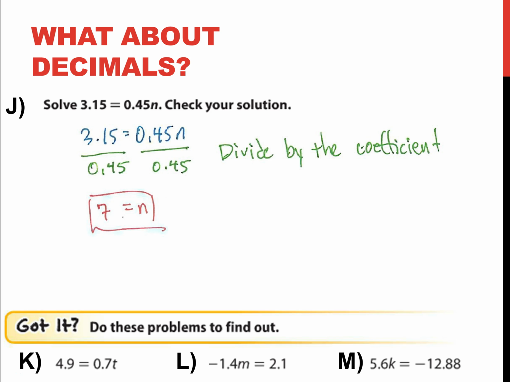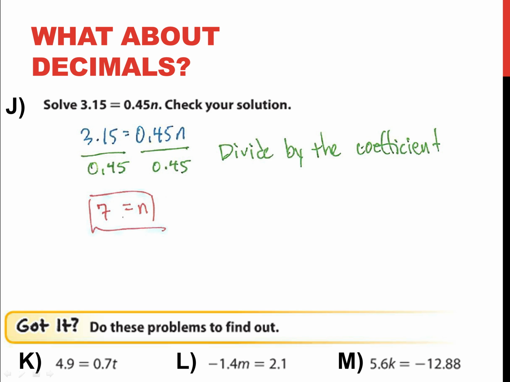That leaves us with 3 examples for you to do, K, L, and M. K is 4 and 9/10, or 4.9, is equal to 7/10, or 0.7 times T. So 4.9 equals 0.7 times T. Example L is -1.4 times M, which is equal to 2.1, or -1 and 4/10 times M is equal to 2 and 1/10.